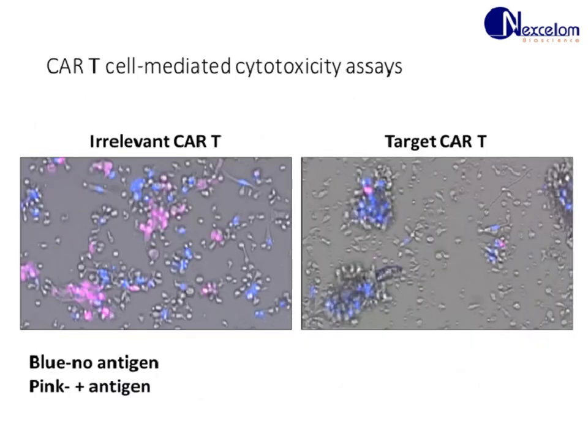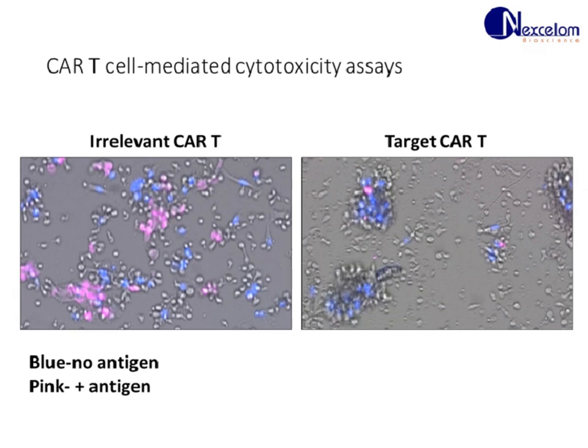Second example is looking at CAR T-cell mediated cytotoxicity. This is where you can label the target cells with fluorescent protein or fluorescent dyes that can be monitored over time. So for example, this is an experiment where the blue fluorescent protein expressing cells, the target cells, do not have the target antigen on the surface, where the pink color does have the positive antigen.